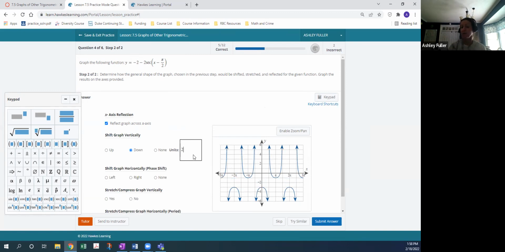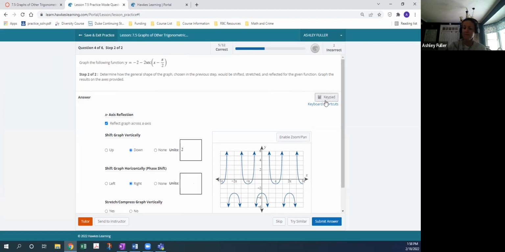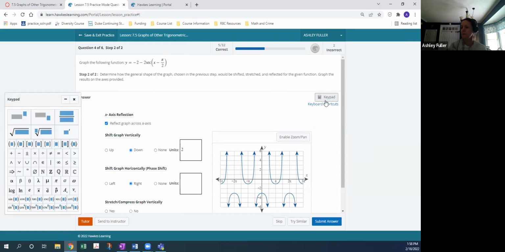And notice I just put in a 2 because I've already indicated it's down with the negative. It is going to have a horizontal shift of pi/2, and it's going to go to the right by pi/2.